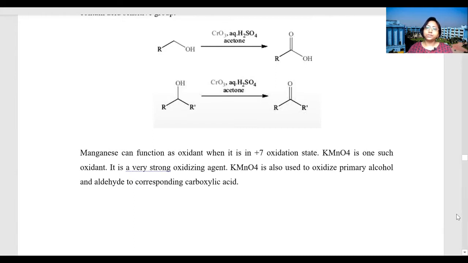You know different oxidizing reagents like K2Cr2O7. Other than KMnO4, we can also use it. So what will it convert? It oxidizes primary alcohol and aldehyde to the corresponding carboxylic acid.